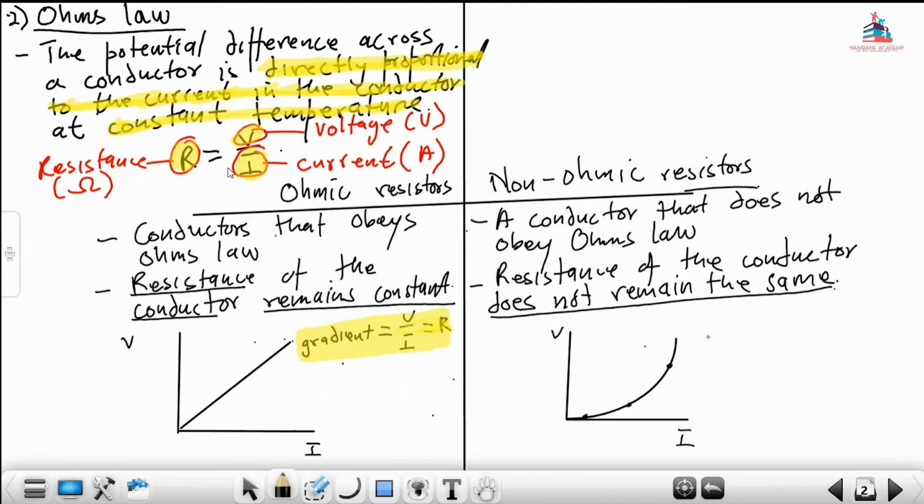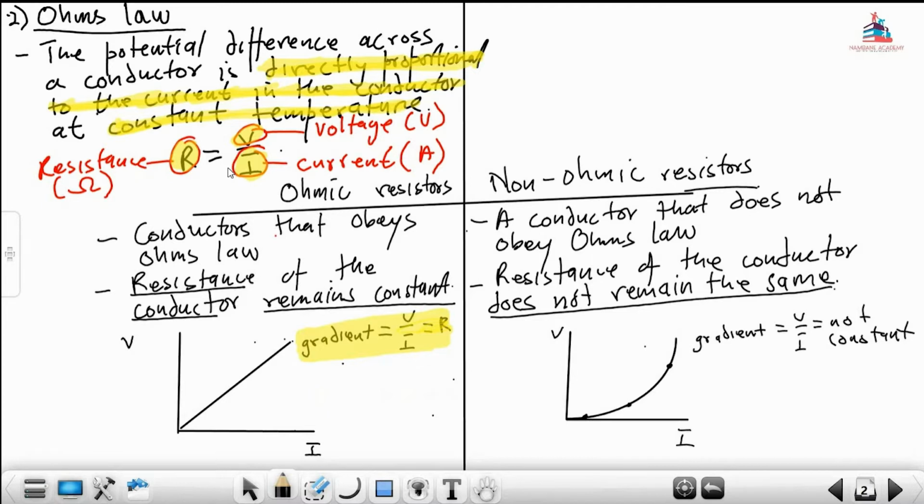So I will still have the gradient, which is V over I, but this is not constant, as it is changing with an increase in current. Hence our second bullet says the resistance of the conductor does not remain the same. As we increase the current, it starts to deviate at high current. So as the current increases, the resistance of the conductor will also increase.